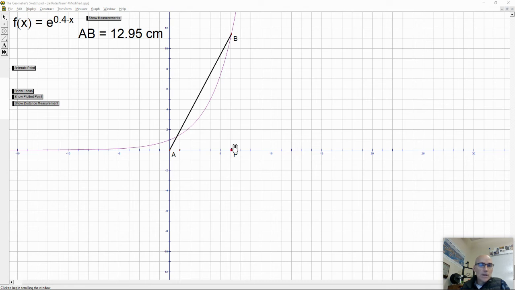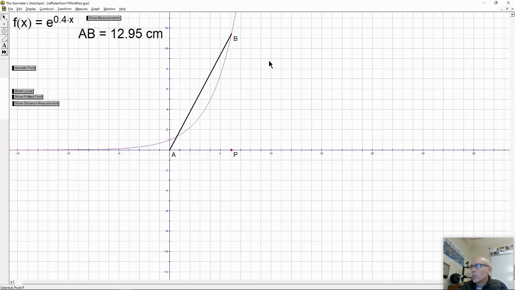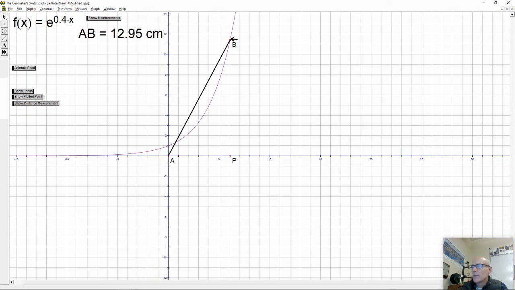I'm getting this problem from our textbook. It's problem number 14. And it says, pretend like you're dragging point B, which I think I could do on my program. But no, because I connected it to my x value.